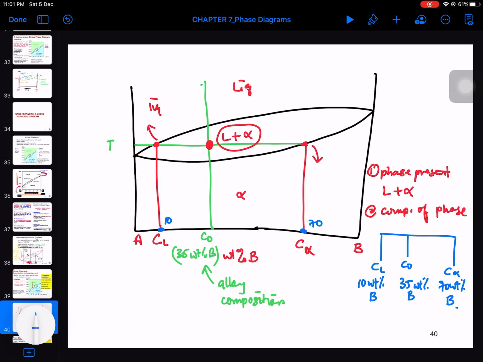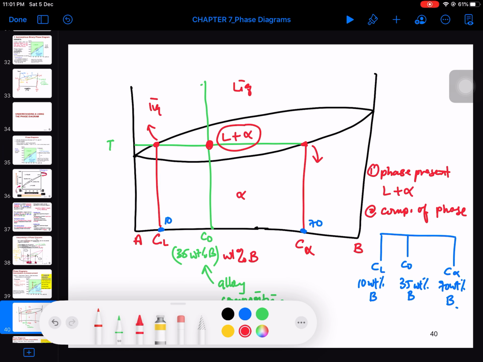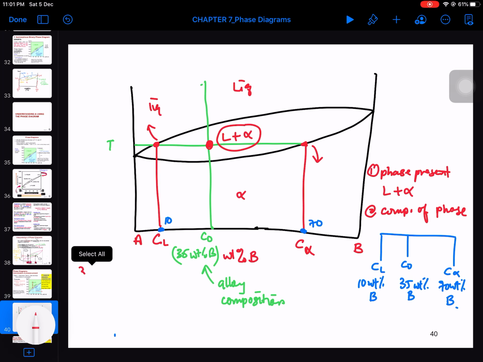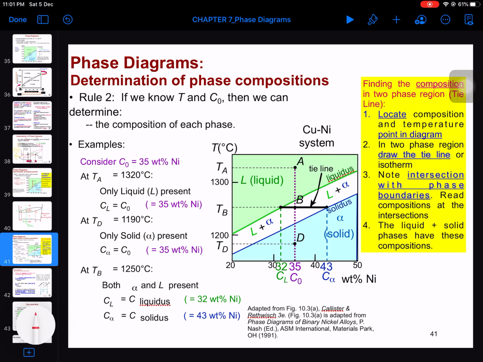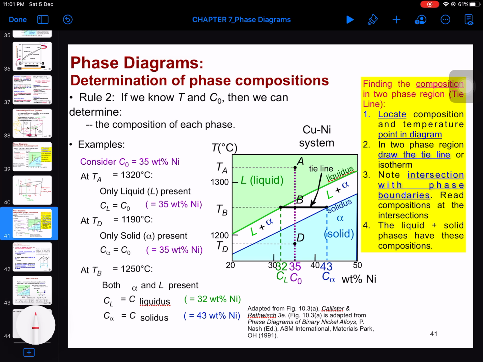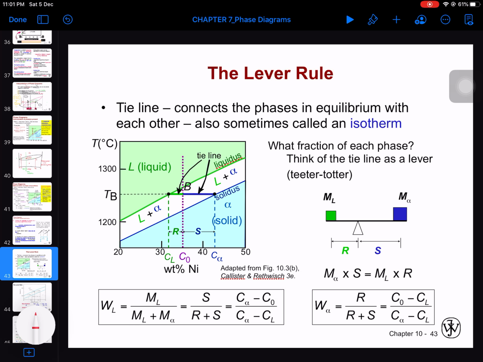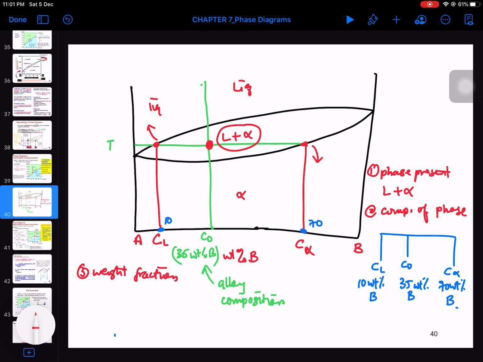The third one is to calculate the weight fraction. Of course, you can always refer to the rules in which you can do the calculation here, the lever rules, but let's just do it the easy way.